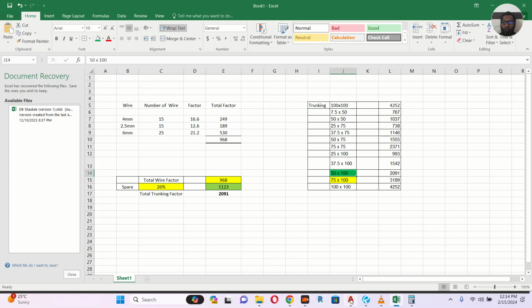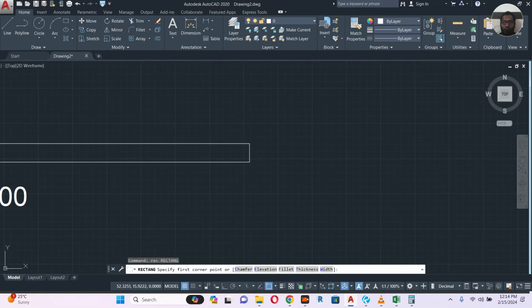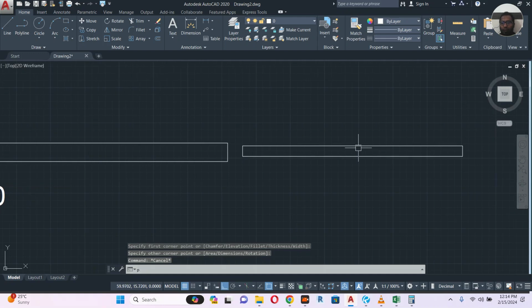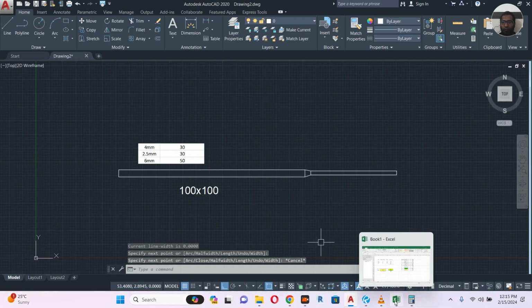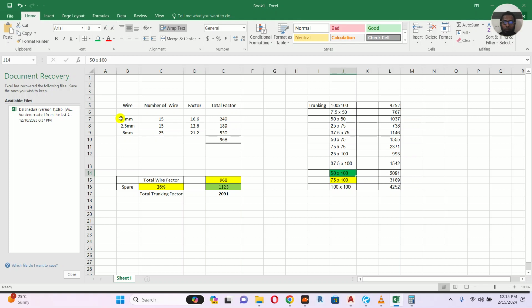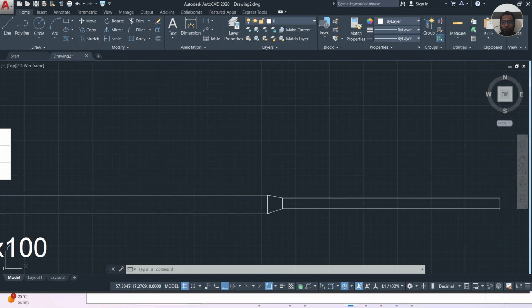So what I have to do in this one, I will make a reducer. The trunking will be like this, and it will reduce like this. So I have to copy the data, this one, and put it here, the wire capacity.